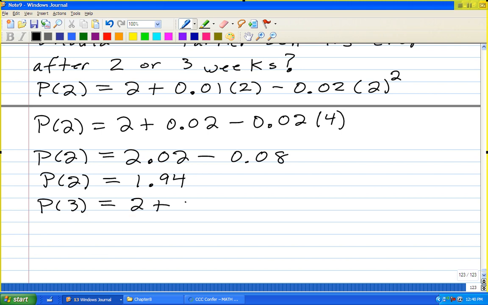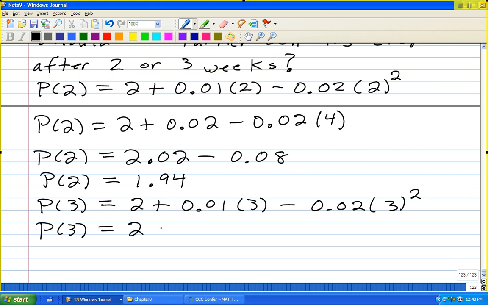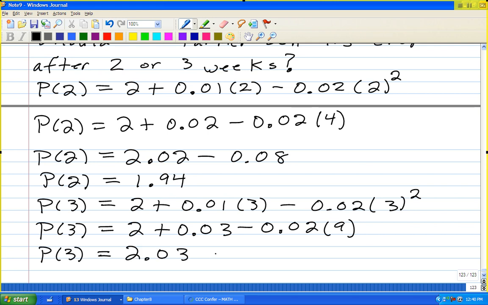Let's see after 3 weeks what he can sell it for. Well, it's 2 plus 0.01 times 3 minus 0.02 times 3 squared. 0.01 times 3 is 0.03, and 3 squared is 9. 2 plus 0.03 is 2.03, and 0.02 times 9 is 0.18.